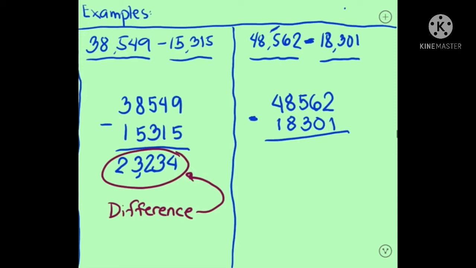Number one is we need to identify if all the digits in our minuend are greater than the digits in the subtrahend. So let's see. 2, 1. Okay, this one is greater. 6, 0. This one is greater. 5, 3. This one is greater. 8, 8.